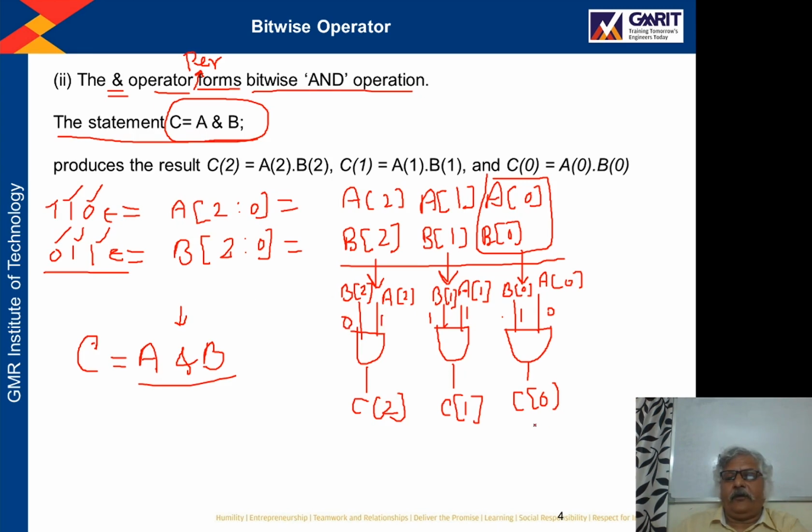So result will be 0 1 0, right? So in this way, this operator will perform AND operation over vector type or scalar type, right? Scalar type is also allowed, right?